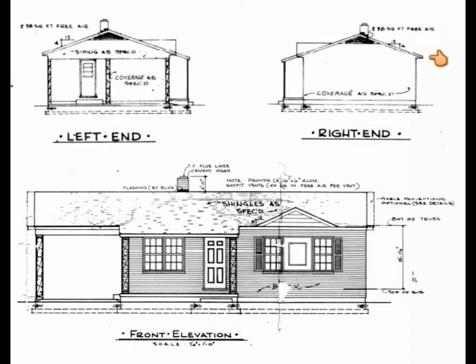The roof does not slope on this side, nor does it slope on this side. This is what is called a gable roof.